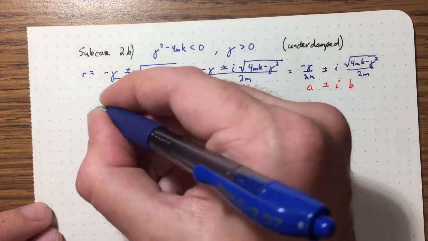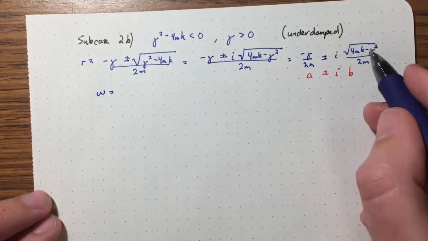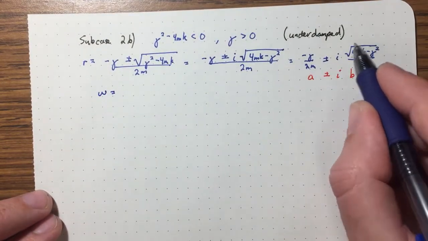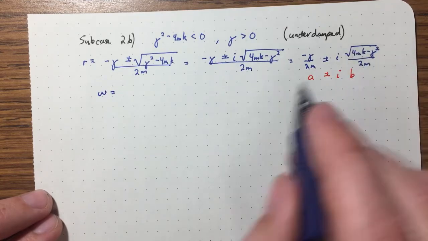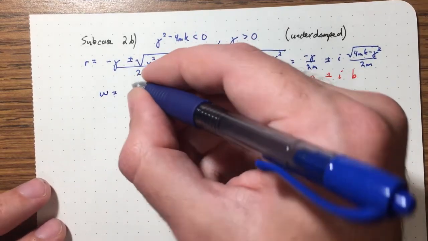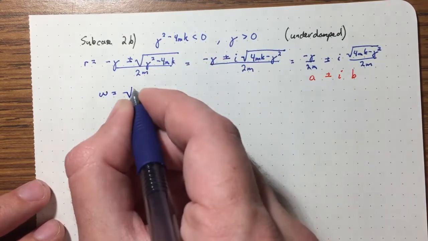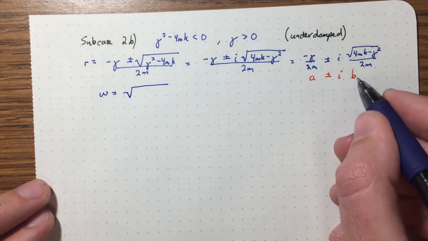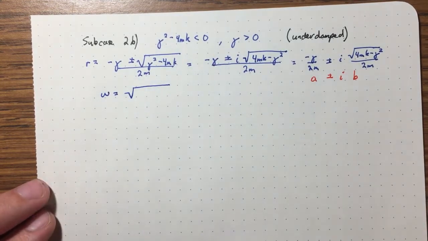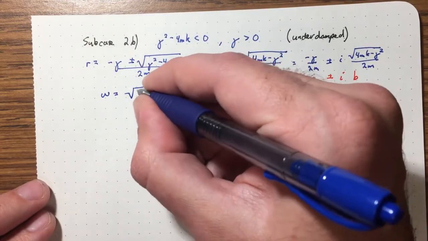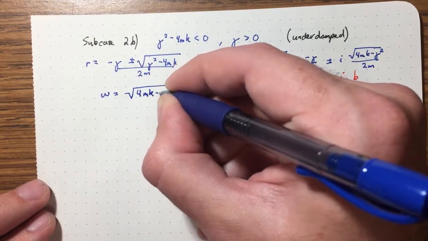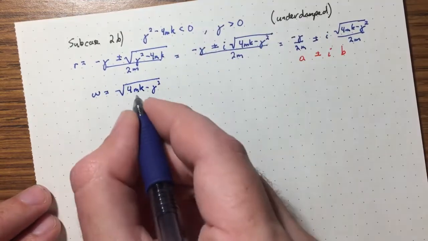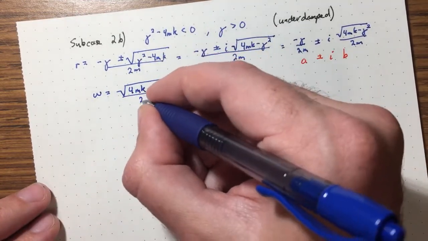So because of that, I'm going to define this right here. I'm going to call that omega, because that's exactly the factor that ends up inside the trig functions. So I'm going to call omega the square root of 4mk minus gamma squared, over 2m.